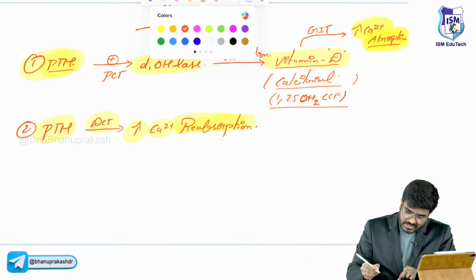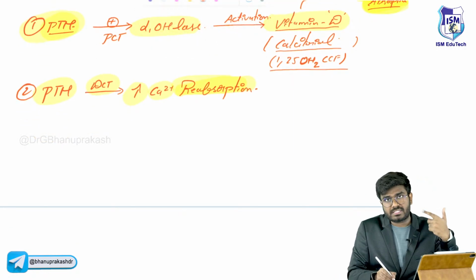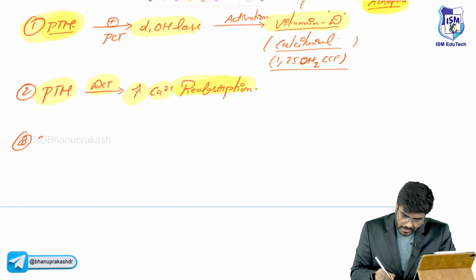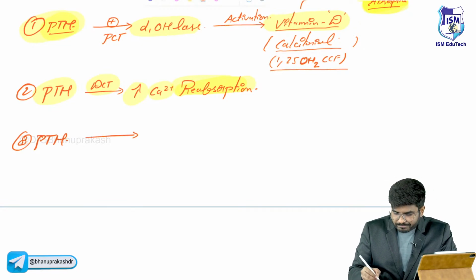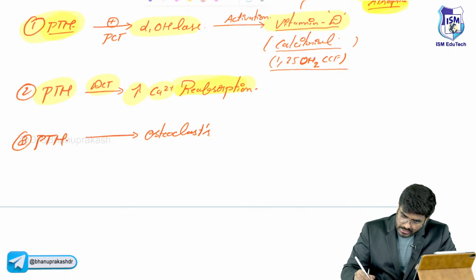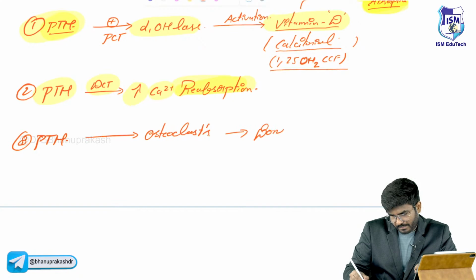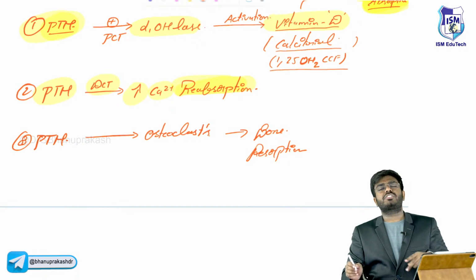Sir, in severe conditions, in high values, hyperparathyroidism in lots and lots of quantities, do you know what the parathyroid hormone will do? It activates osteoclasts. It will give the signal to the osteoclasts, causing bone resorption. Actually, parathyroid hormone won't activate the osteoclast directly.